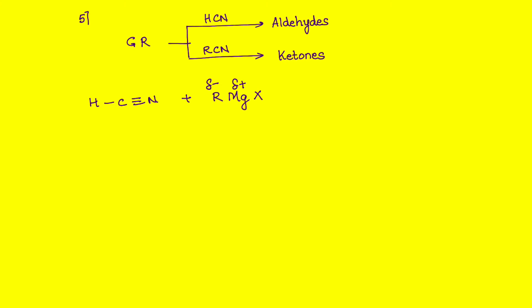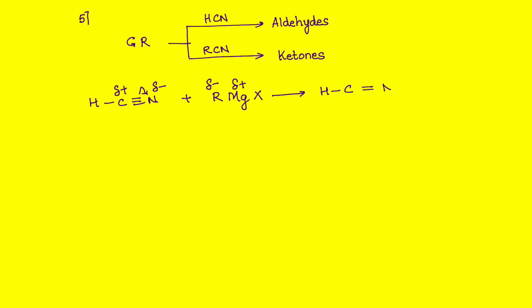Next, we know that nitrogen is more electronegative than carbon. So it pulls the electrons towards itself, and we will have negative and positive ends here as well. Now connect the positive to the negative and negative to the positive.